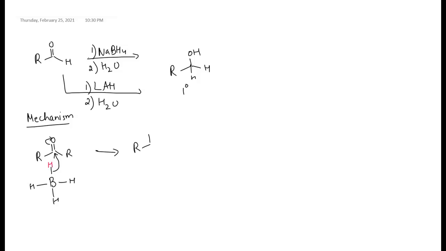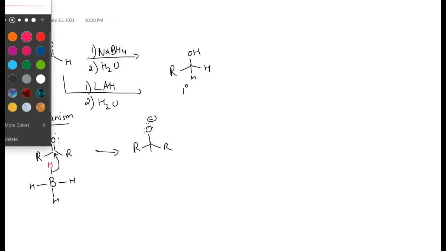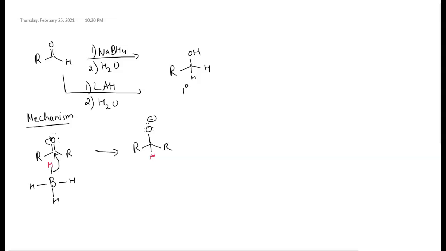So we get O. Remember, we already had 2 pairs of electrons here, and now we get the other pair. Oxygen gets a negative charge. We have the 2 R groups, and then we have this new hydrogen from the borohydride here.